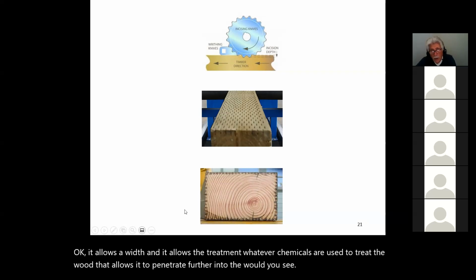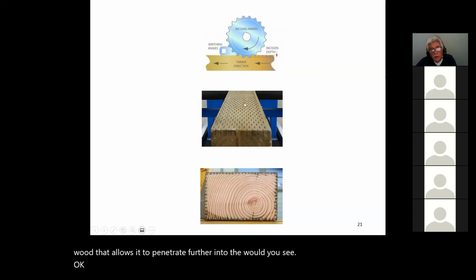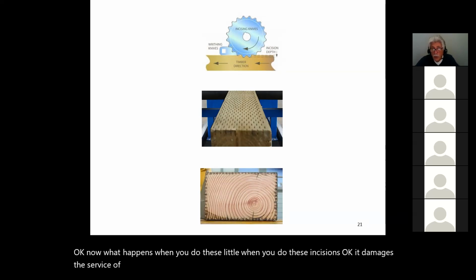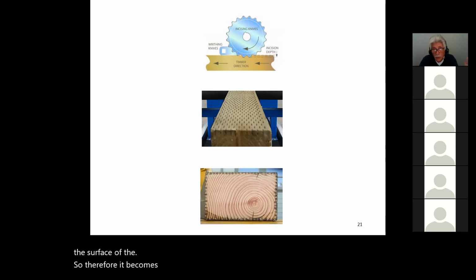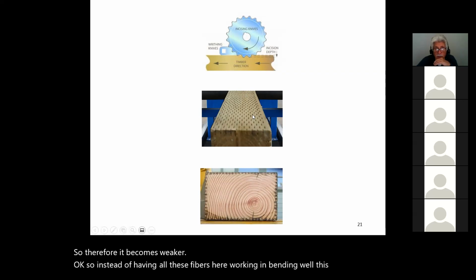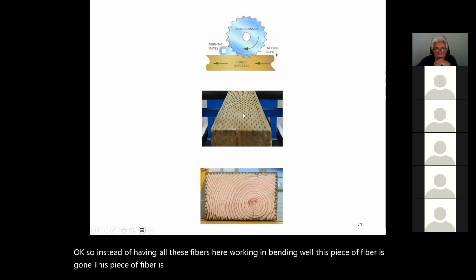Okay. Now, what happens when you do these incisions? Well, it damages the surface of the wood, so therefore it becomes weaker. Instead of having all these fibers here working and bending, this piece of fiber is gone, this piece of fiber is gone, that's gone, that's gone.